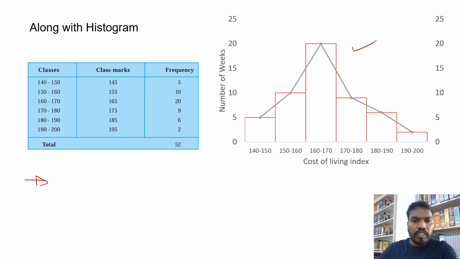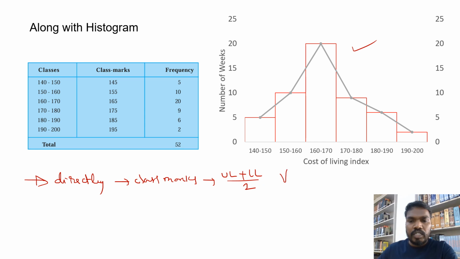Either you can construct the frequency polygon directly by taking the class marks. We know how to calculate class marks: they are the upper limit plus the lower limit divided by 2 for each class interval. Against these class marks we take the corresponding frequency. That is the direct way of constructing.